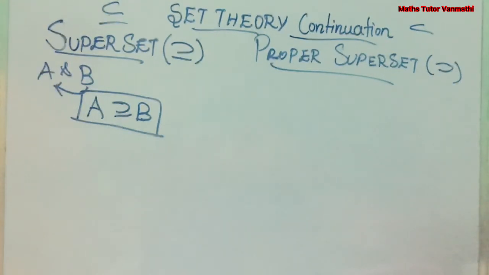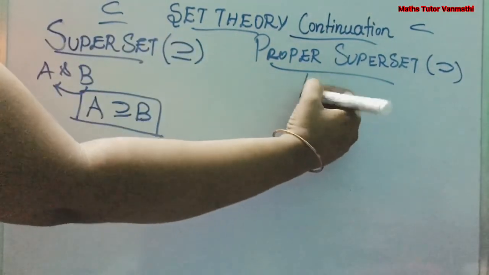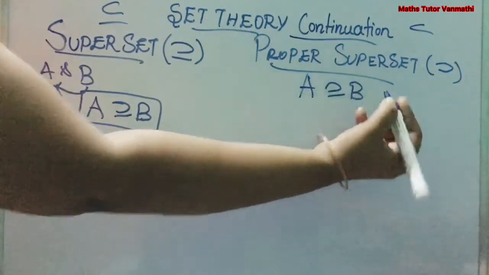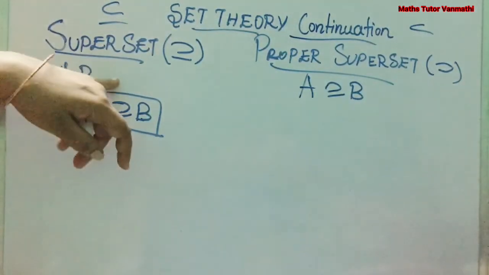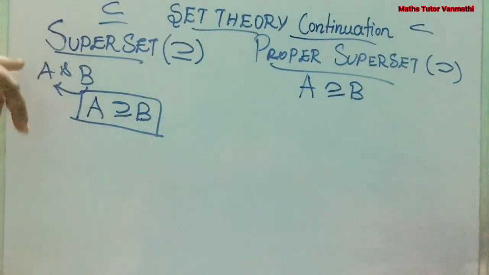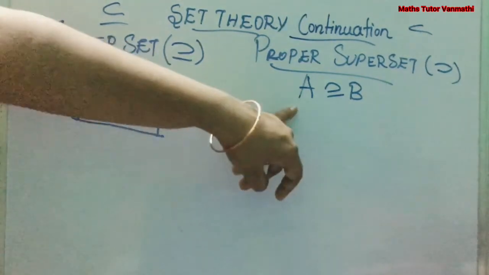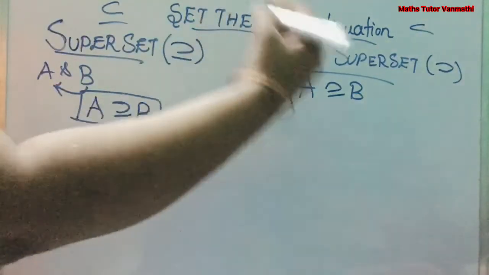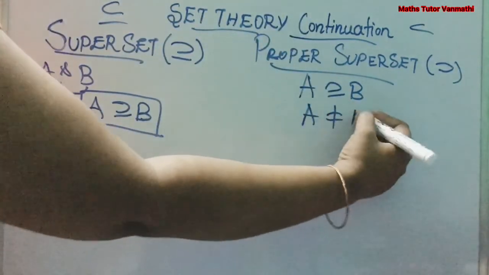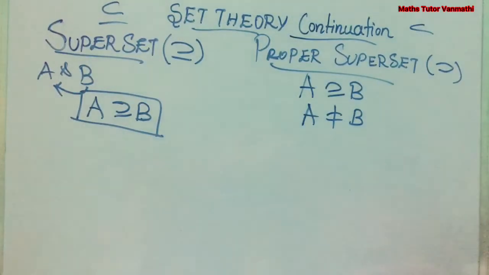Clear? And also proper superset. In proper subset, what we have seen is that A and B are two sets and there is at least one element in B not contained in A. So here the same superset condition follows: A and B are two sets and every element in B should also be in A. Then we can say that A is a superset of B. And one more condition we have seen: A not equal to B. So here also it follows the same.